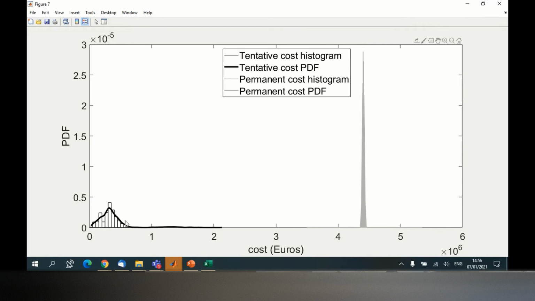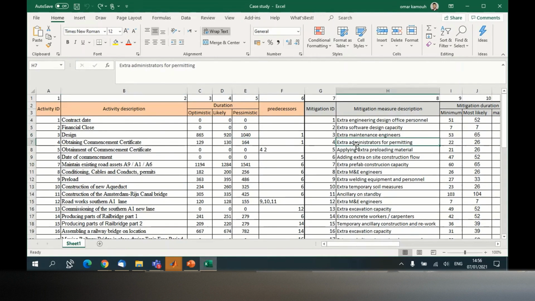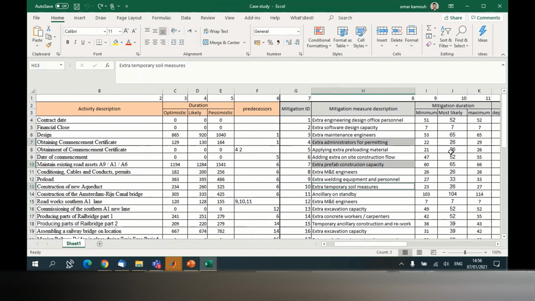So mitigation control is based on Monte Carlo simulations. In every iteration of the simulation, the software chooses a set of mitigation measures and computes the cost for these measures. For example, in the first iteration, you chose measures like 4, 7, and 10, and then the cost was this, and this, and this.